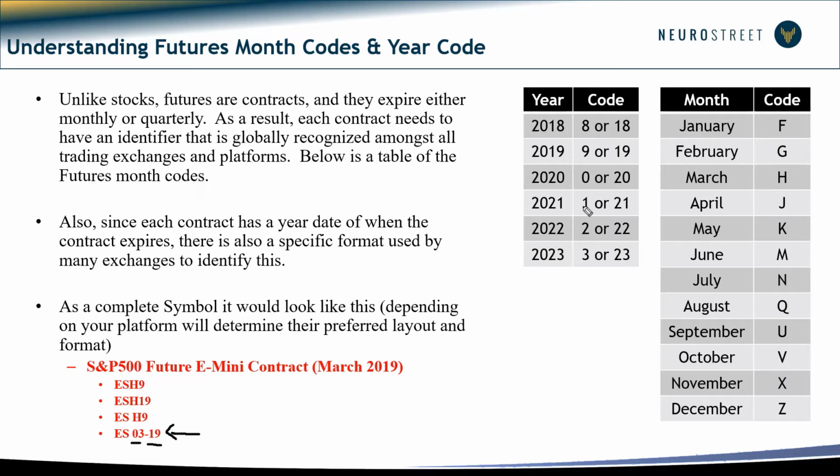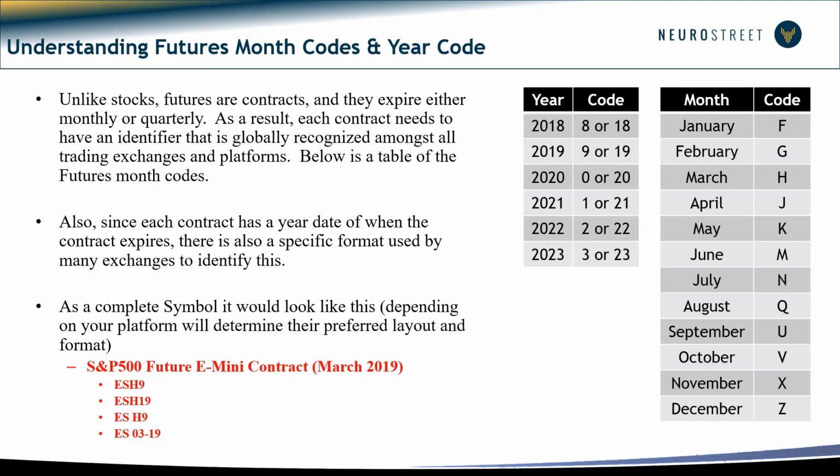The H is the third month, right? The 9 could be 2019 or this, right? It could be 319, right? This technically is the exact same if there's a space between the two, right? It's just a way that the platforms identify them, right?